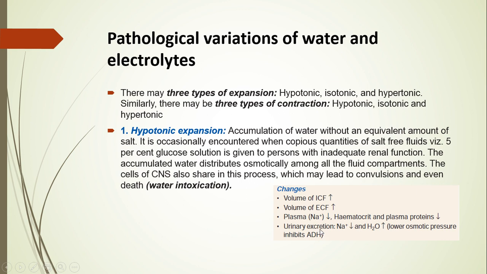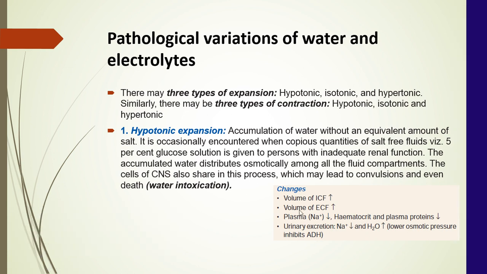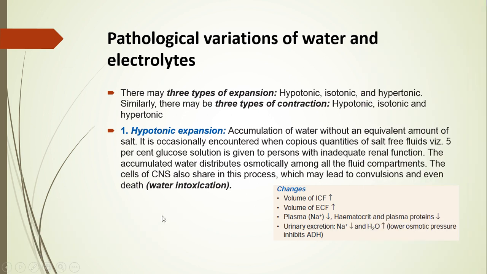There will be low excretion of sodium and high excretion of water, so there will be low osmotic pressure, and there is inhibition of antidiuretic hormone. This occurs in water intoxication. The cells of the brain also share this process, and it leads to convulsion and even death.